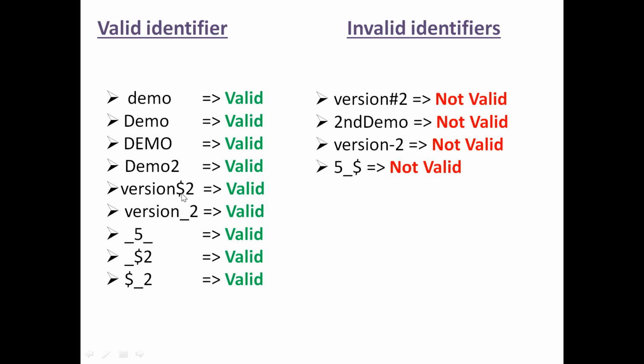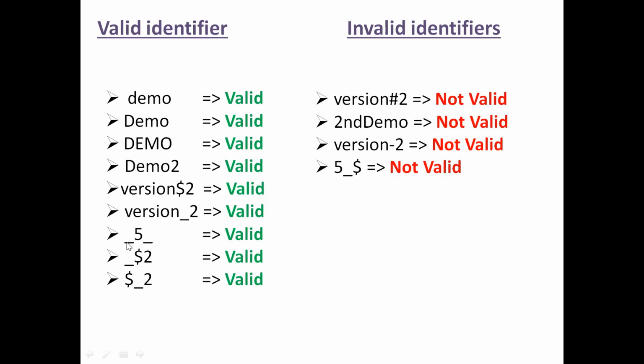And here version$2 is also valid, because only the dollar symbol and underscore are allowed as special characters. The next one is version_2, here we are using underscore, this is also valid.